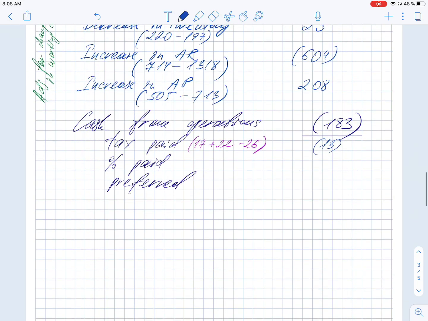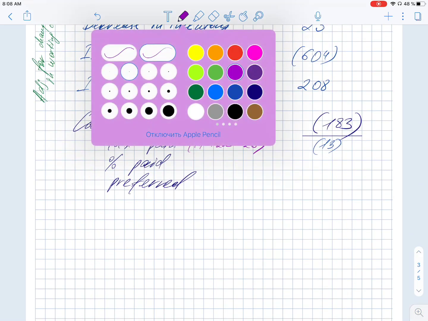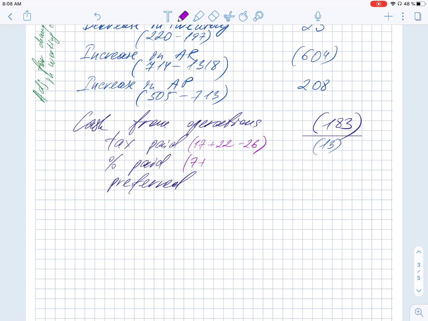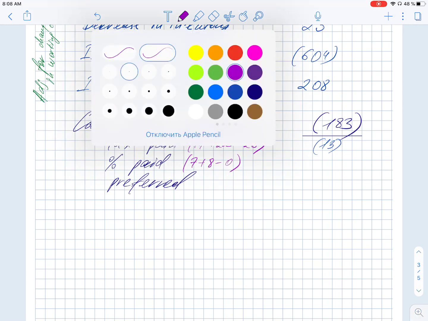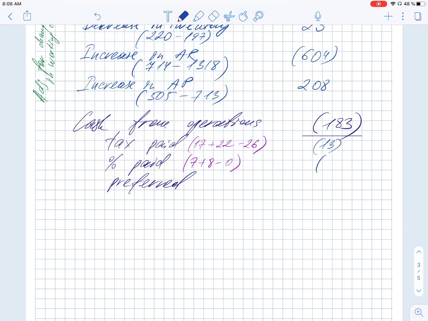Using the same calculation, 7 plus 8 less 0, we find the total amount of interest paid, which is 15,000 during the year.